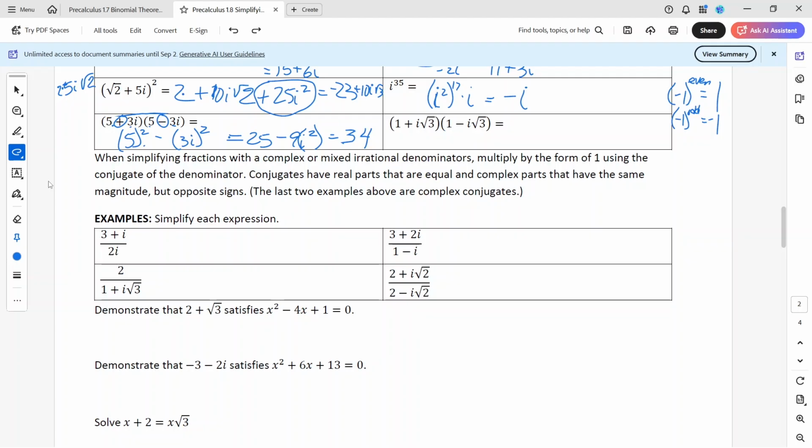So I say first times first is 1. Last times last is going to be a minus because of the positive times the negative. The i times the i is going to be an i squared, and the square root of 3 times the square root of 3 is a 3. Maybe put a parenthesis around that for emphasis. Remember that i squared is a negative 1, and subtract the negative is like a positive. This becomes 1 plus 3, which is 4.